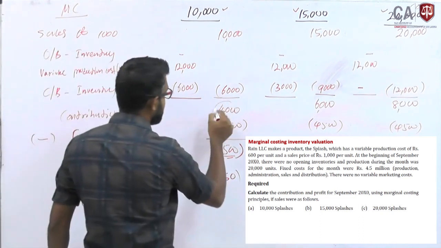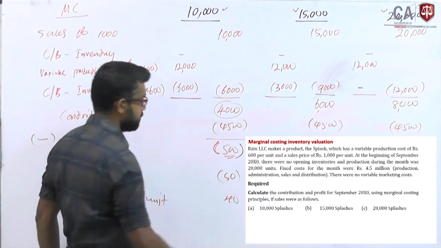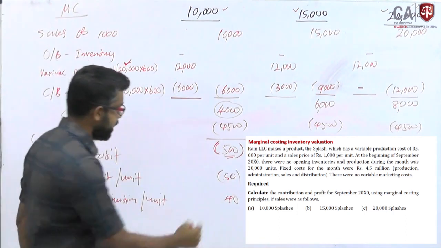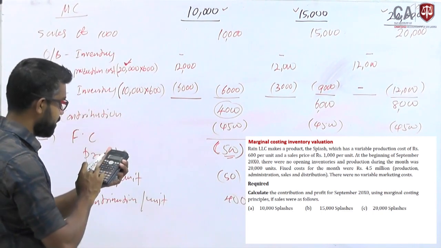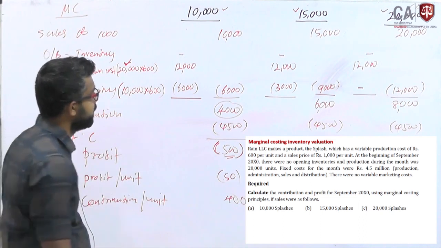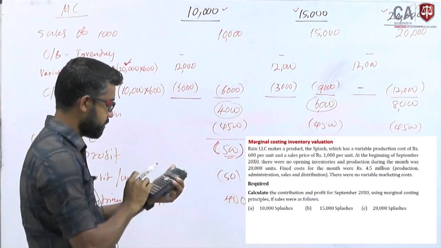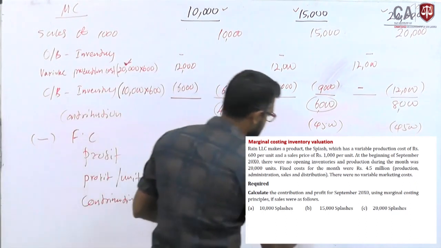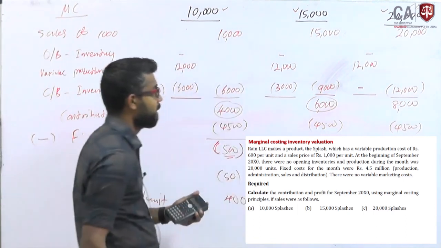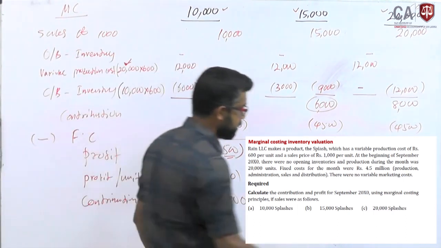Here contribution 4,000 divided by 10, 400. 6,000 divided by 15,000 units, 400. 8,000 divided by 20, 400.